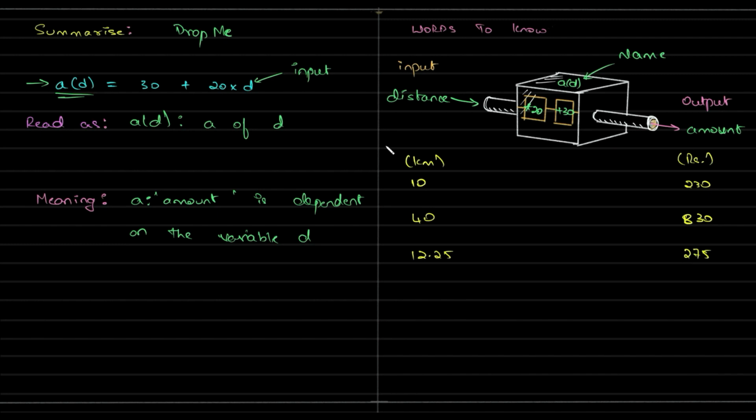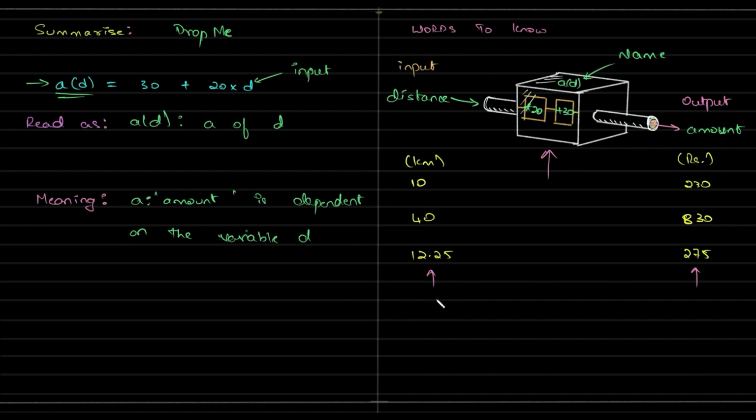Make sense? So this is a basic representation, and this is the working. This is your independent variable, that is the input, and this is your output, the dependent variable.